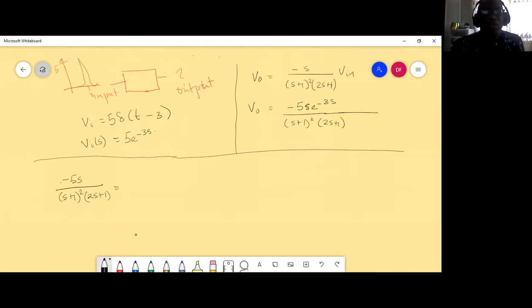And so what will be the partial fraction expansion for that? Let me start it.